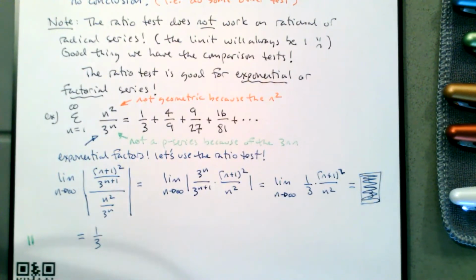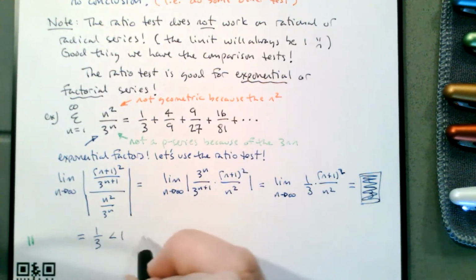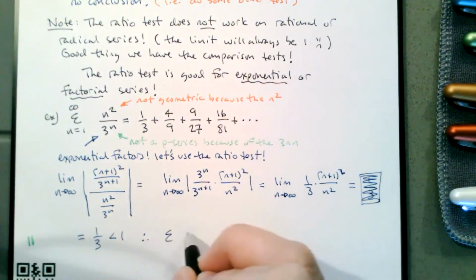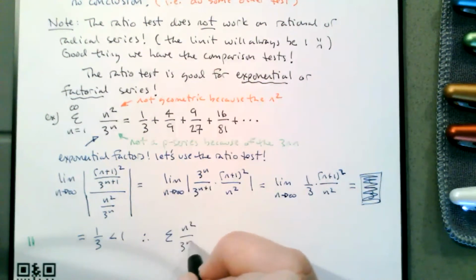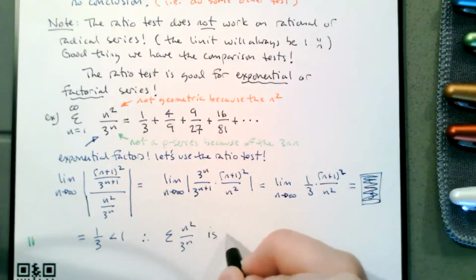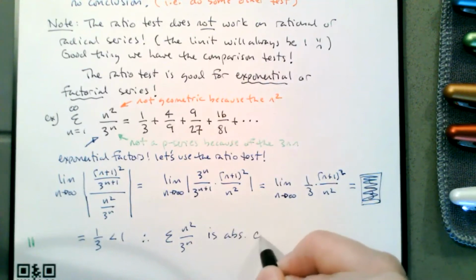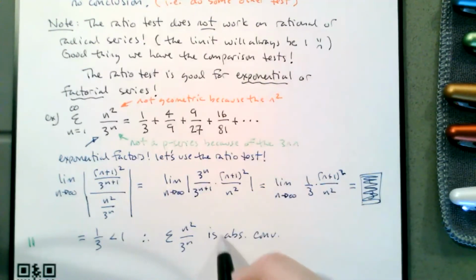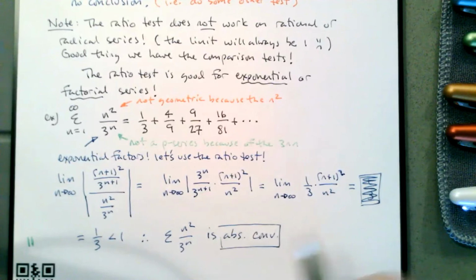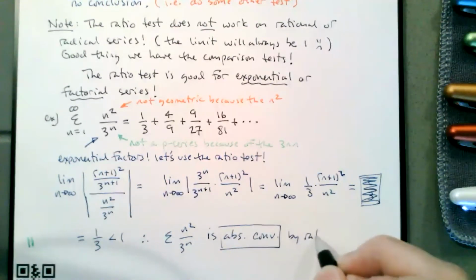Since we're doing a ratio test, the limit from the ratio test is 1/3, which is less than 1. Therefore, the series n squared over 3 to the n is absolutely convergent by the ratio test.